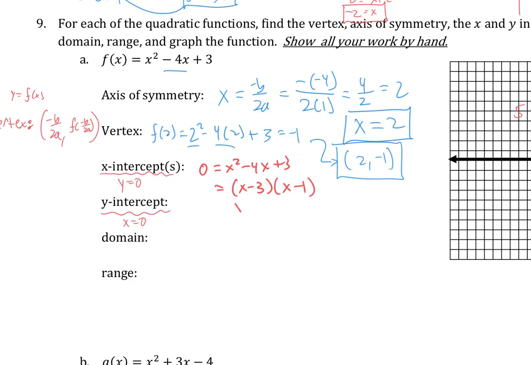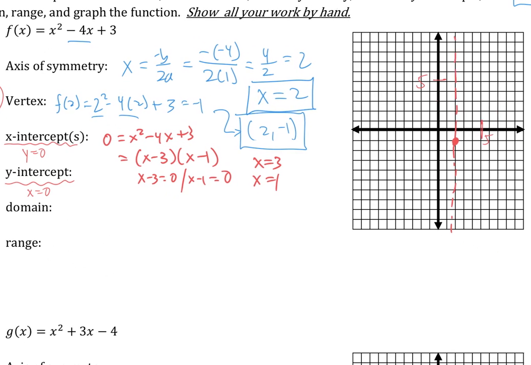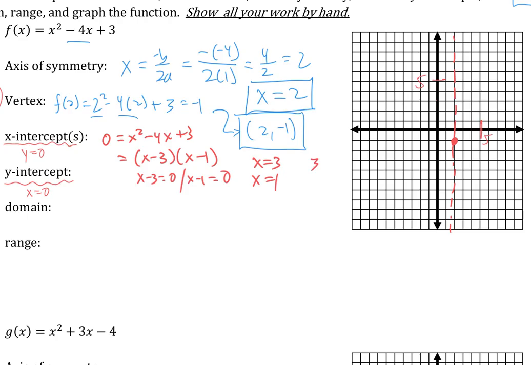So we set these equal to 0: x minus 3 equals 0, x minus 1 equals 0. And so our x-intercepts happen at x equals 3 and x equals 1. As points, this is 3 comma 0 and 1 comma 0.